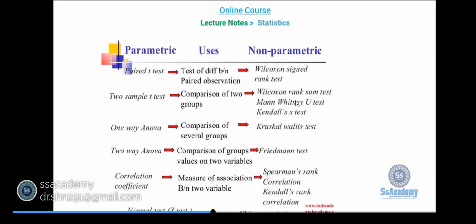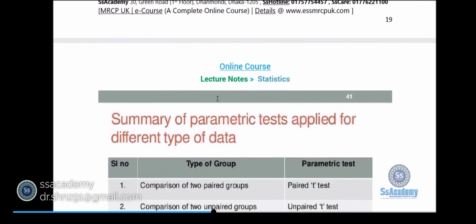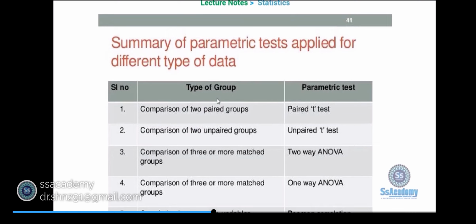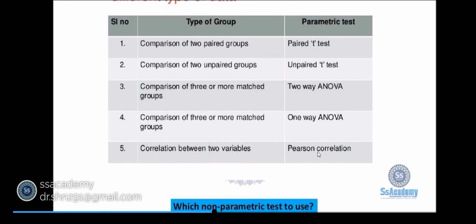We're going through the different boxes here. Here is also written t-test, one-way ANOVA, two-way ANOVA, no need, and parametric versus non-parametric tests. You can go through this box, and also the summary of the parametric tests applied for different types of data: comparing two paired groups, two unpaired groups, three or more matched groups, the two-way ANOVA, the one-way ANOVA, correlation between two variables by Pearson.